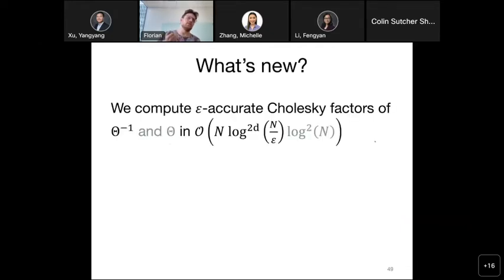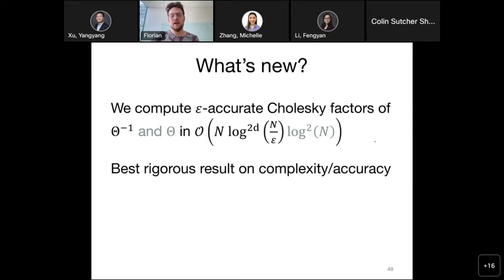So first of all, what this talk is largely going to be about is ways of computing approximate Cholesky factors of these matrices in near linear complexity, near linear in the number of degrees of freedom, and scaling only logarithmically in the target accuracy. For this problem class, this is the best rigorous result on the trade-off between accuracy and computational complexity.